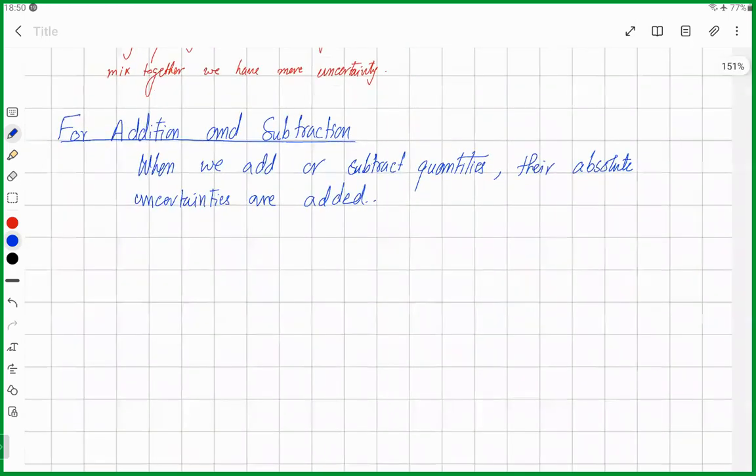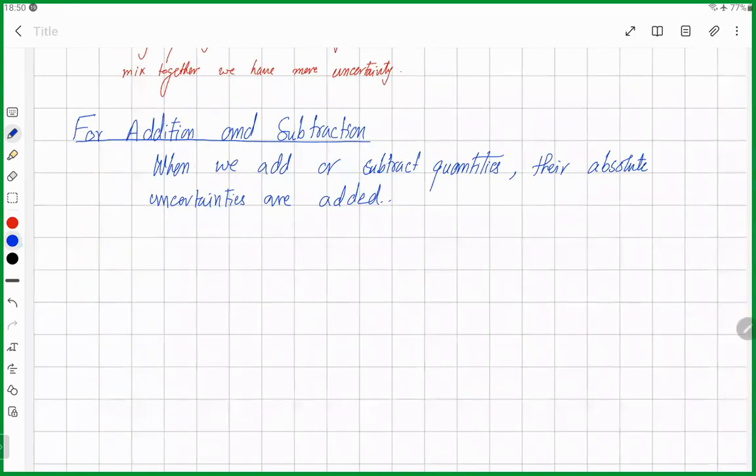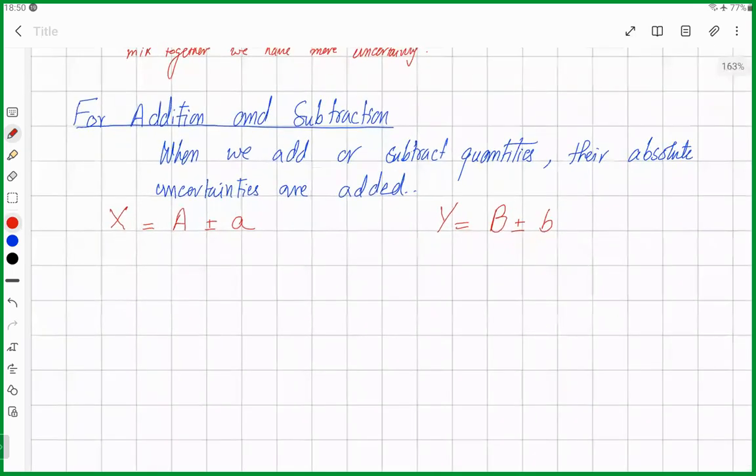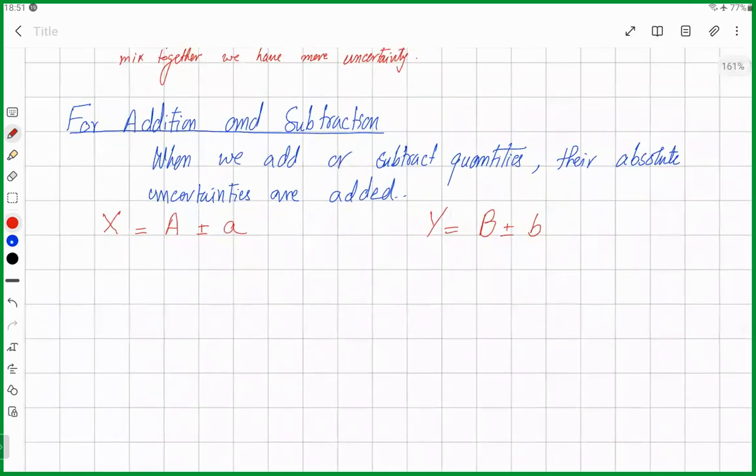Now, what does that mean? See, if we have x equals a plus minus small a, and we have y equals b plus minus small b. So these are two quantities. I'm not giving you any numbers, I'm just giving you alphabets. That means this will generalize our calculation.